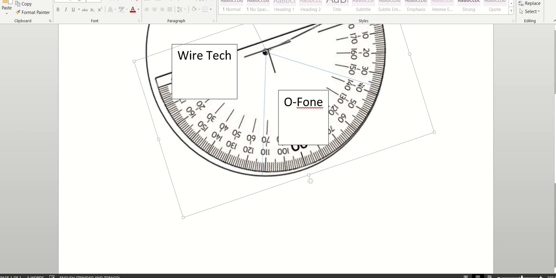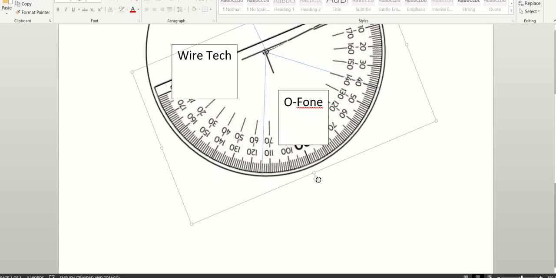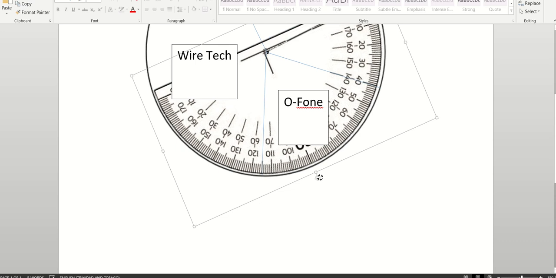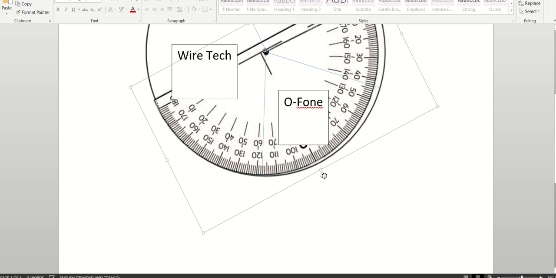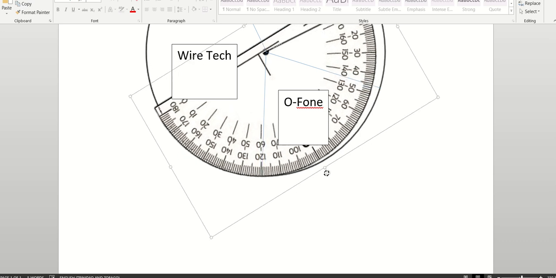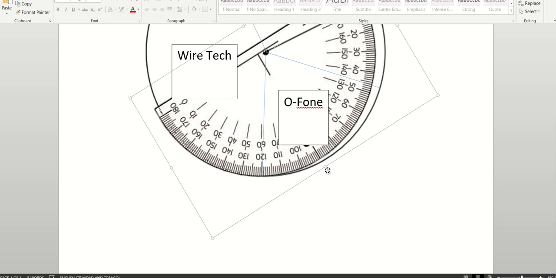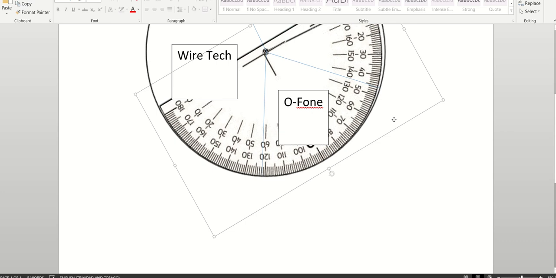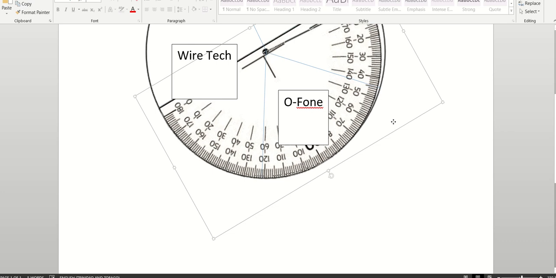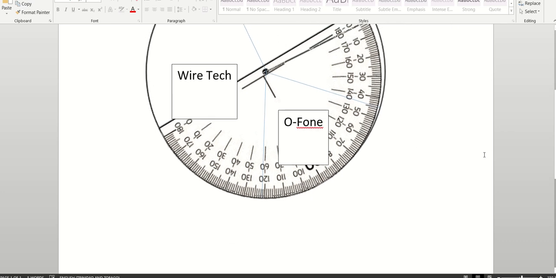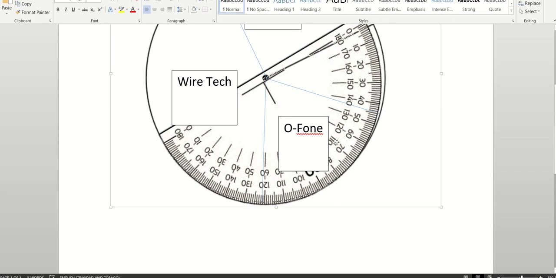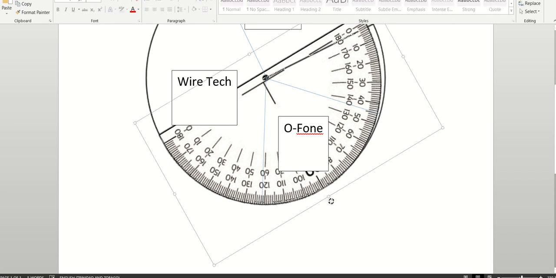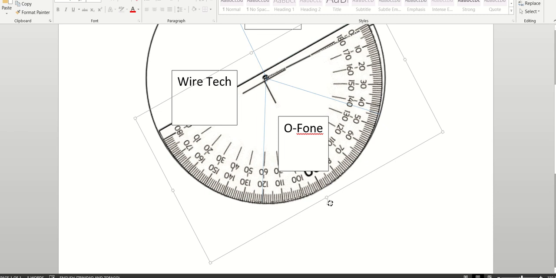So this here, if you line up the remainder, then you're supposed to get 45, which is kind of hard to do.